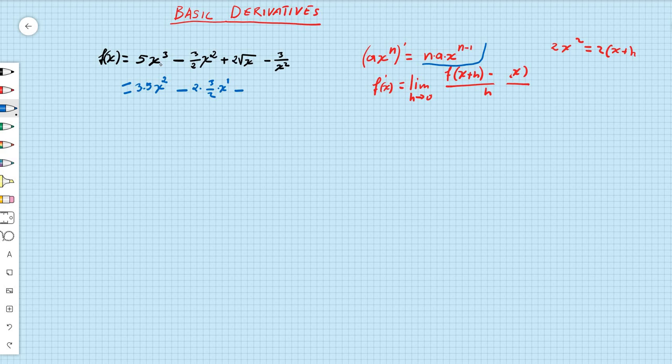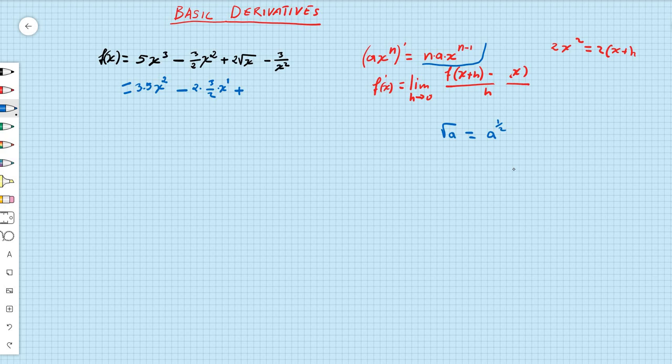And then the next one is 2 square root of x, right? Now, when you have a term like this, it's really hard to just find the derivative right away. So you have to rewrite it in this form. That way it will help you to better analyze it. We know that if you have a square root of a, you can rewrite that as a to the power of 1/2.